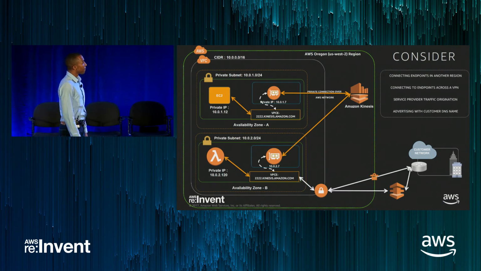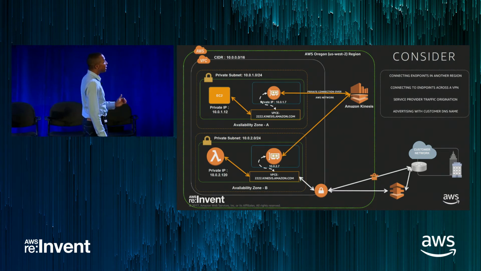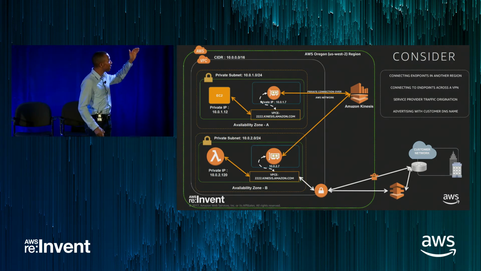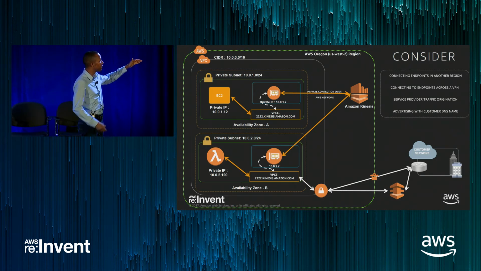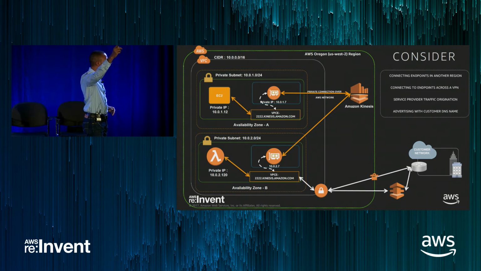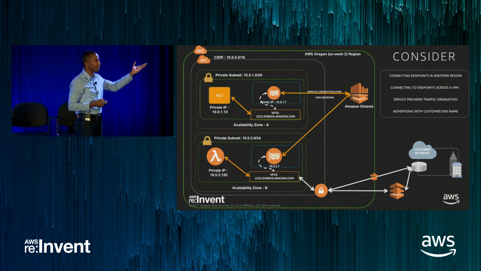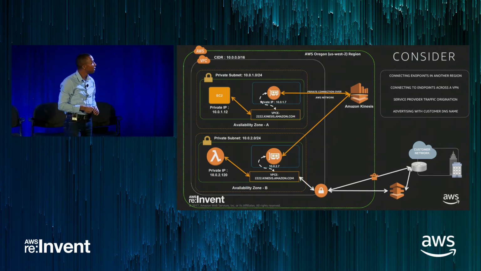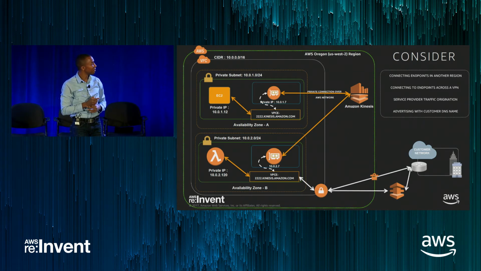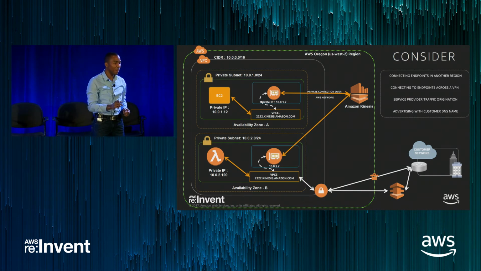Things to consider. Endpoints are region specific. If you create an endpoint within US West 2, which is Oregon, US East 1, which is Northern Virginia, can't communicate with that endpoint. Another thing to identify is an endpoint is accessible via your Direct Connect.